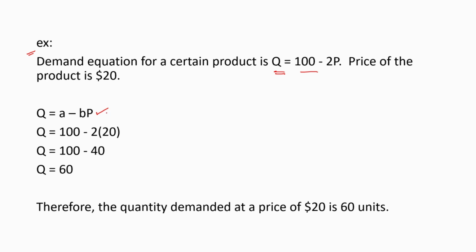Q equals A minus BP. So now we can assign the P value here. Then we can simply calculate the quantity of demand. So therefore the quantity demanded at the price of $20 is 60 units. Likewise, now we can find the quantity or the price using this equation.